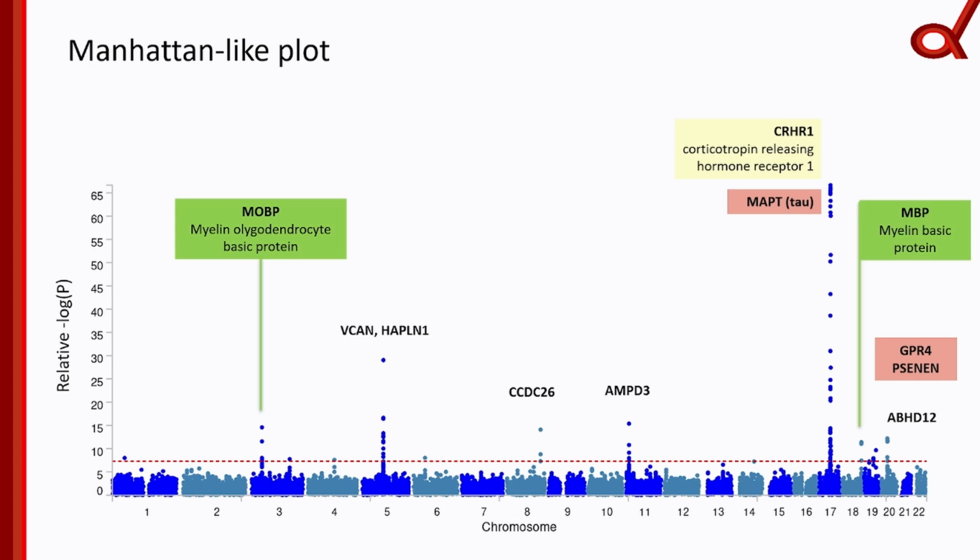Those are the green ones here. And another gene that I think is quite important is the PSEN gene, which encodes a protein that directly interacts with tau protein. And so we see that there are different signals at different ends of the genome that are put in this one component based on the similarity of the patterns of the associations across neuroimaging traits.